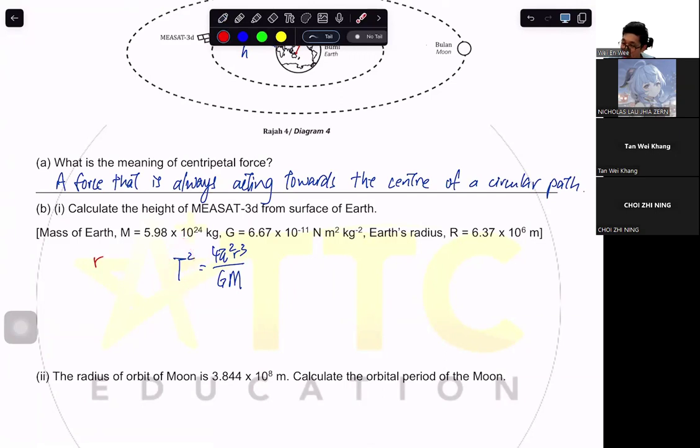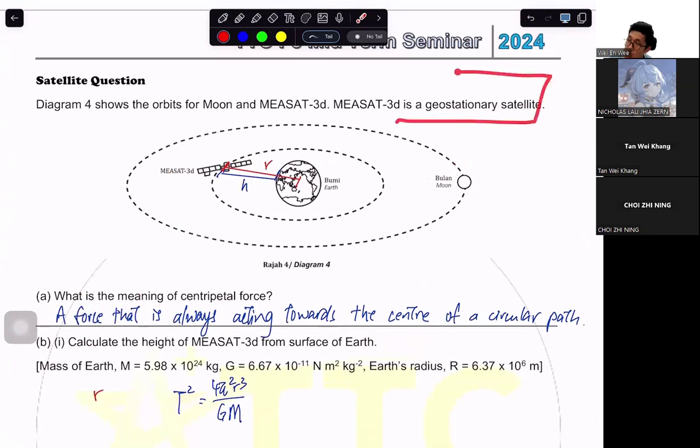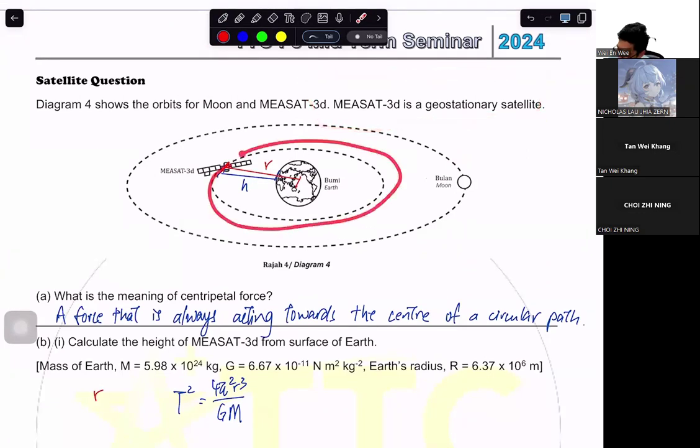Now, we don't know the period of the moon. That's why we couldn't use T squared over r cubed equals T squared over r cubed. But we know the period of the satellite. How? Because it is a geostationary satellite. Geostationary satellite means it will always go one round in one day, same as Earth.